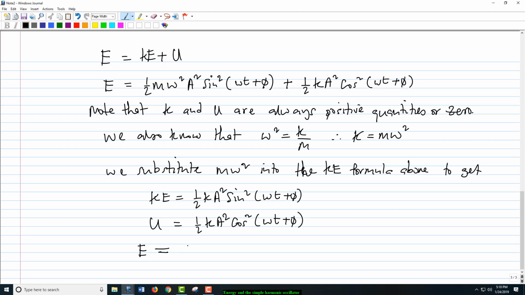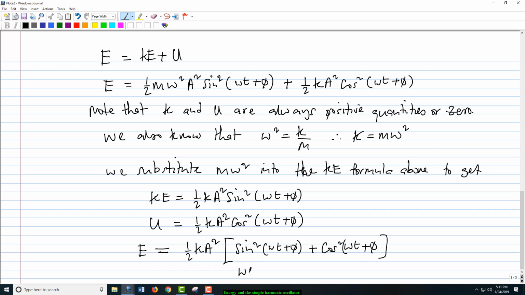And so we can say that, let's write half K A squared on the outside and put sine squared omega t plus phi plus cosine squared omega t plus phi on the inside, and we'll use one of our trigonometric identities.